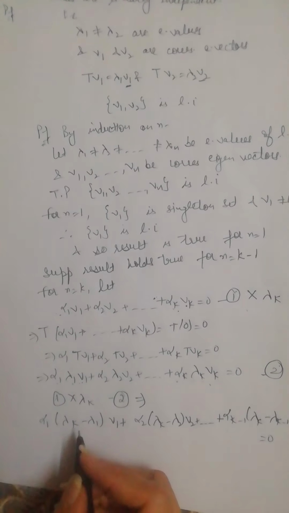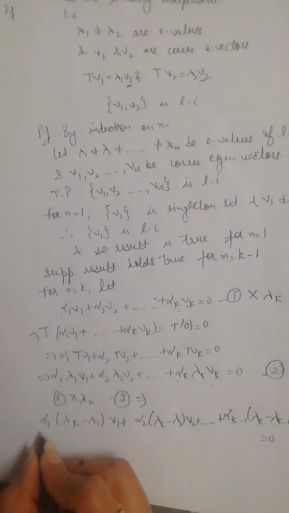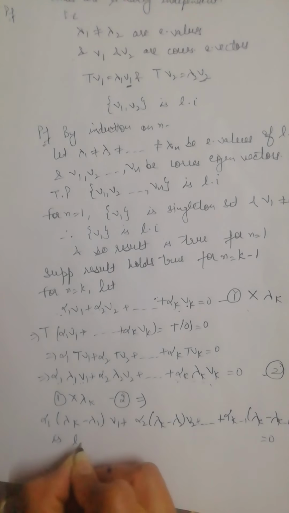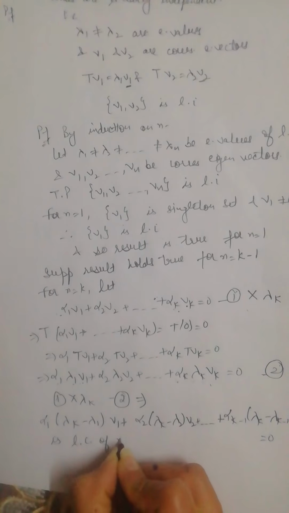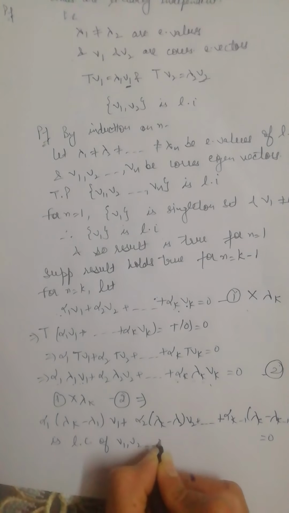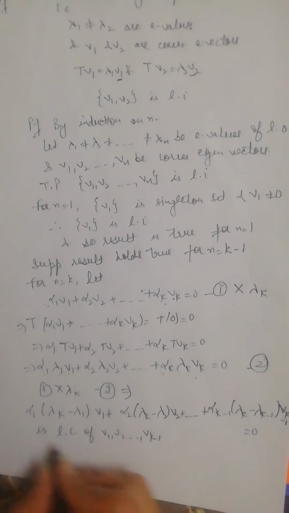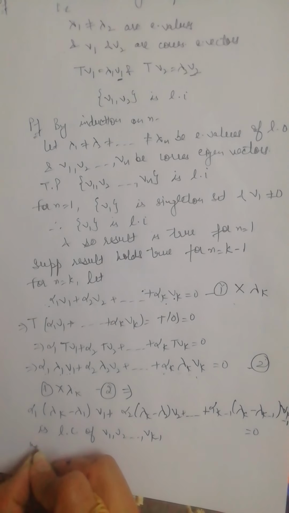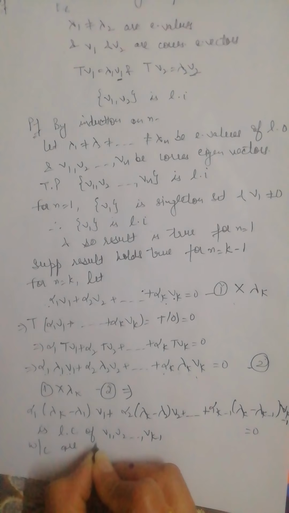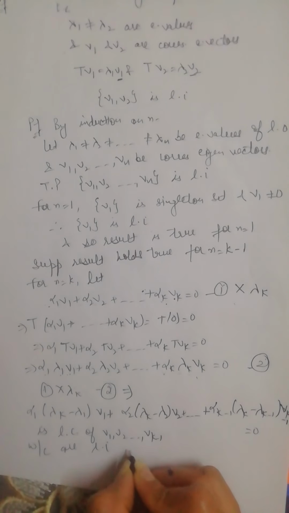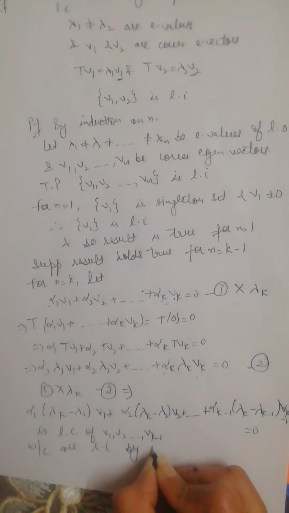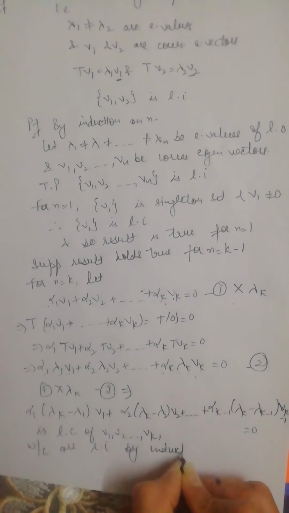Now this is a linear combination of vectors v1, v2, up to v k minus 1, which are linearly independent because of the induction hypothesis.